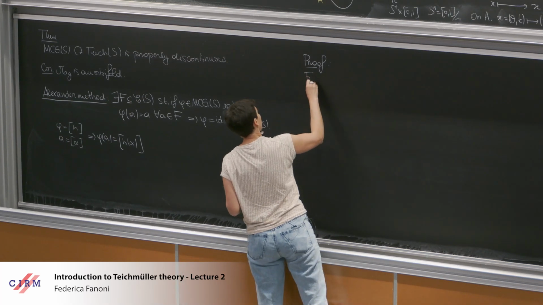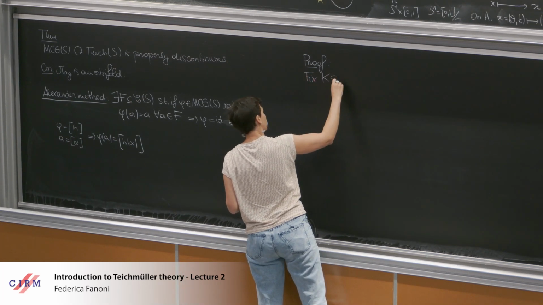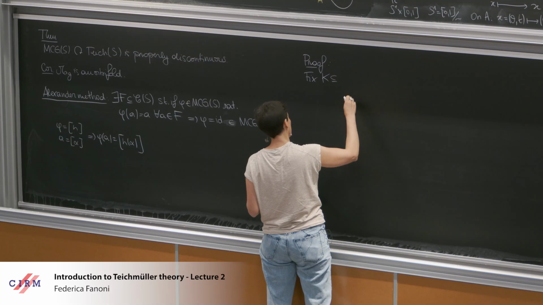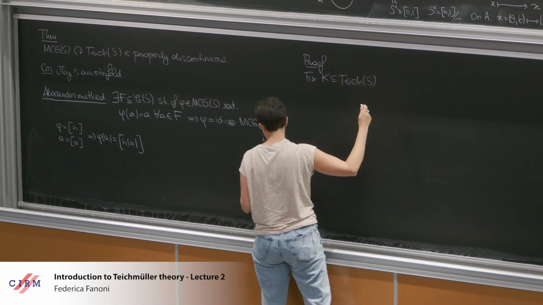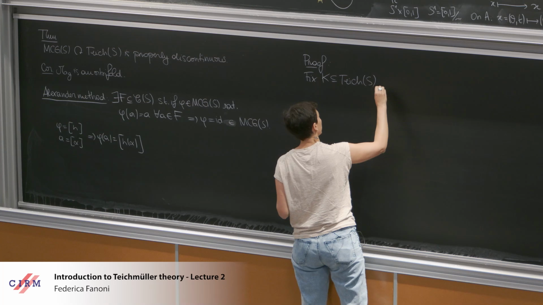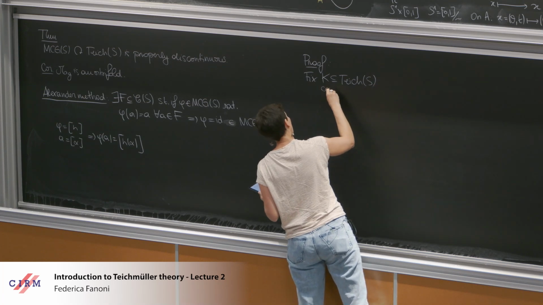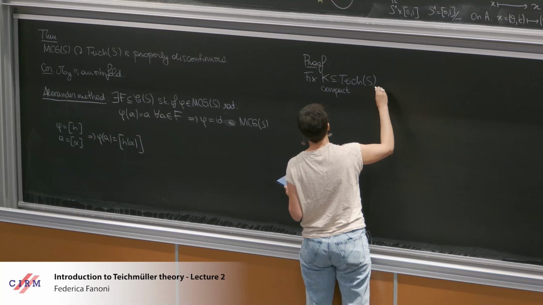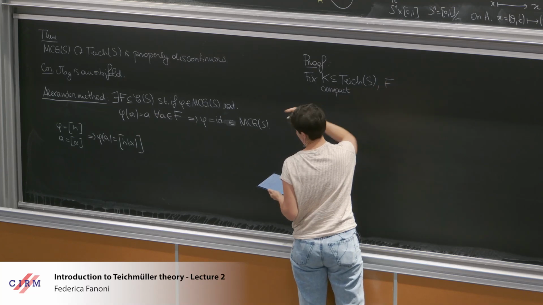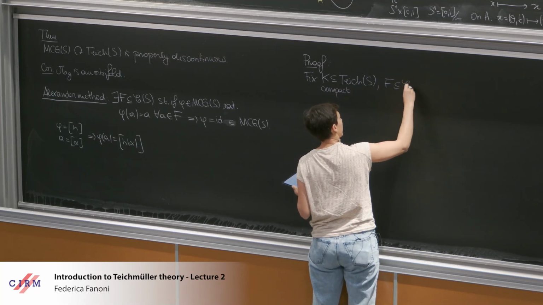So I fix K in Teichmüller space, some compact subset. And I fix also F as in the Alexander method.